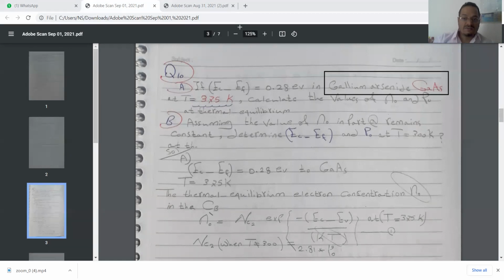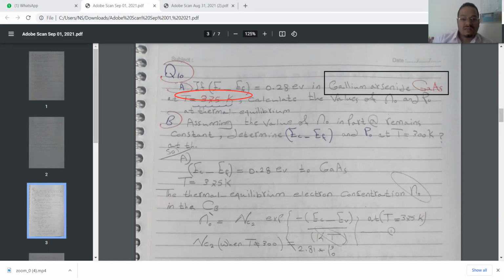Okay, and the big disaster is, let me use the red pencil, the temperature is 375, not room temperature at all. Calculate the concentration of electrons and the concentration of holes at the valence band, but at thermal equilibrium.